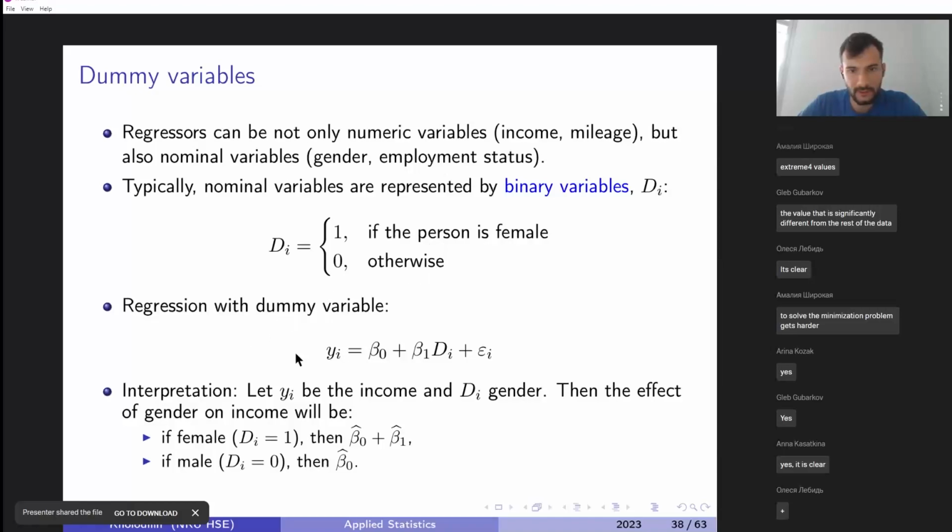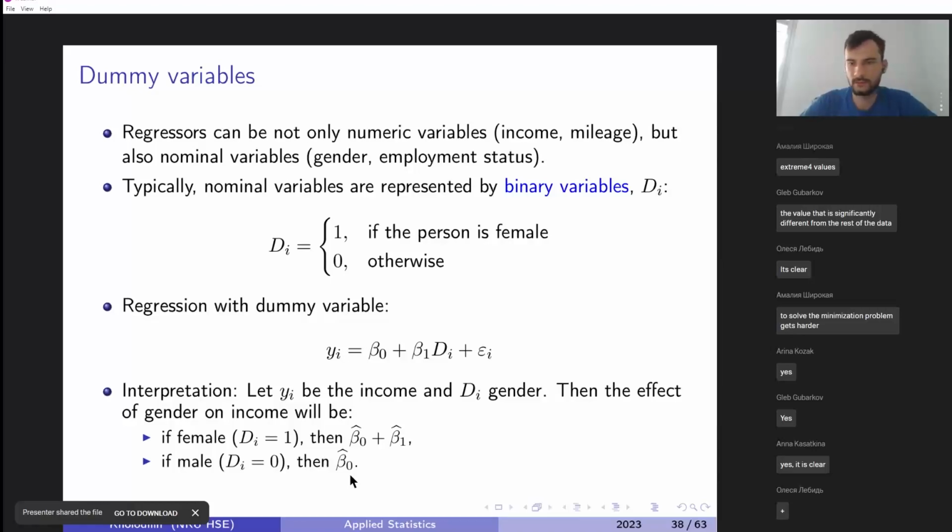And how does it work in the model? You have this dummy variable, and you have some additional constant, literally, right? So if d equals 1, then you have beta 0 plus beta 1. If d equals 0, then you have just beta 0 estimated in your model. So that's the logic. For example, this measures the gap between two different types of observations with two different possibilities.